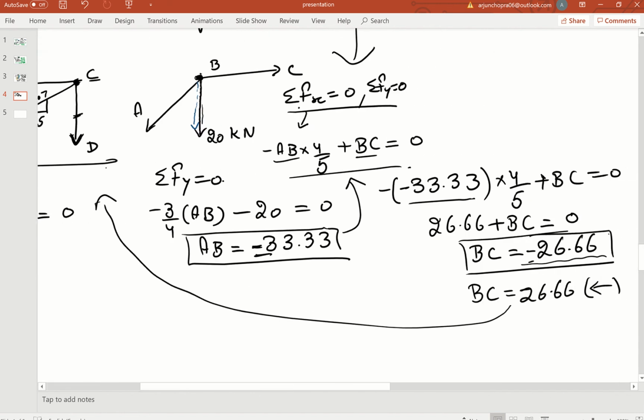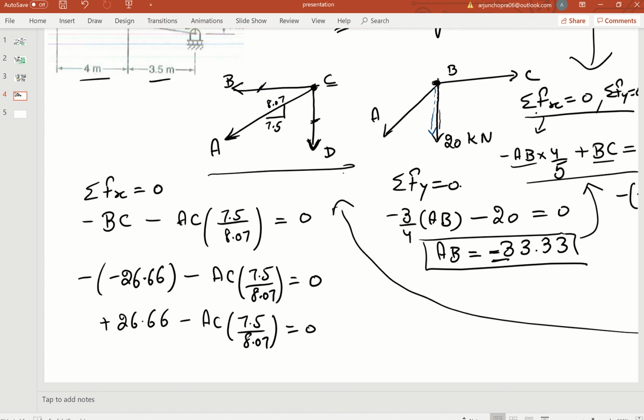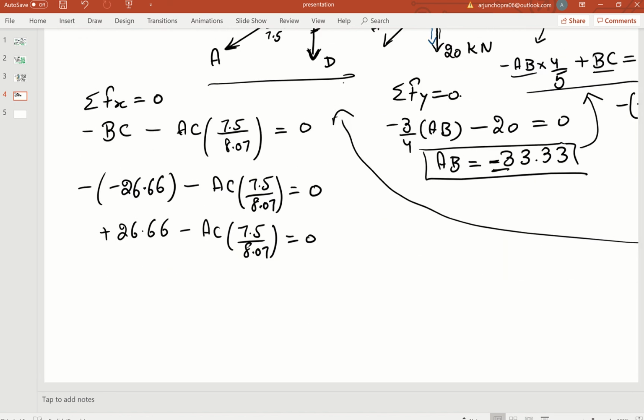Yes, this is the value, minus AC 7.5 over 8.07 equal to 0. Negative becomes positive: 26.66 minus AC 7.5 divided by 8.07 equal to 0. Now if I simplify, the AC value will be equal to 26.66 times 8.07 divided by 7.5.